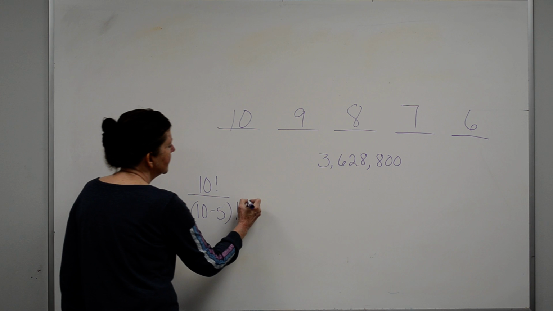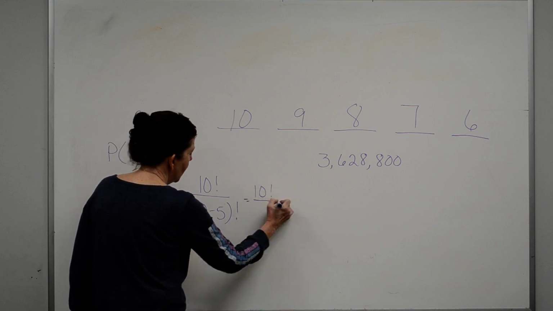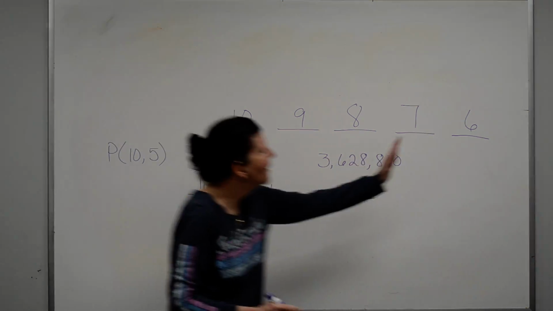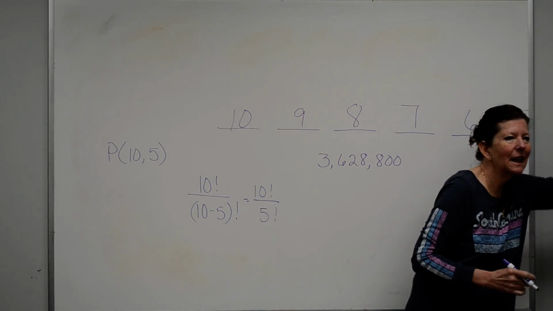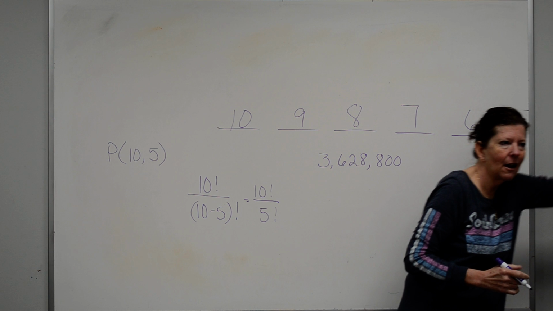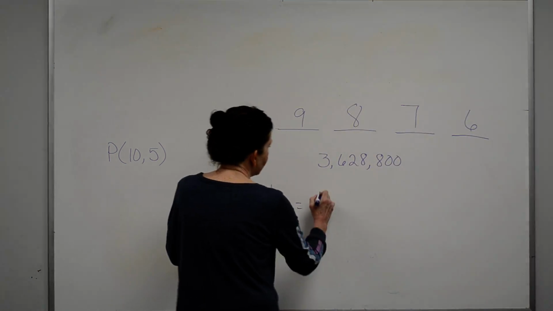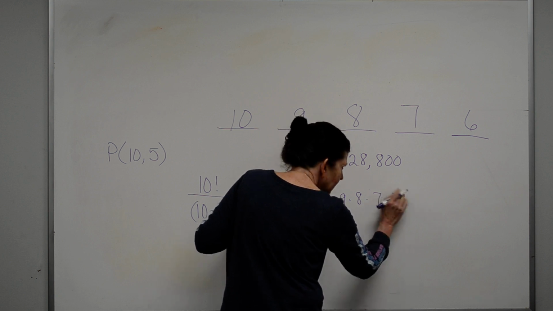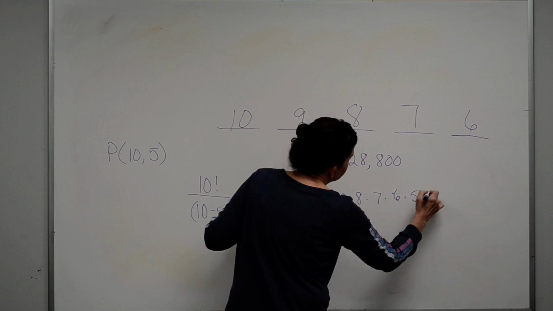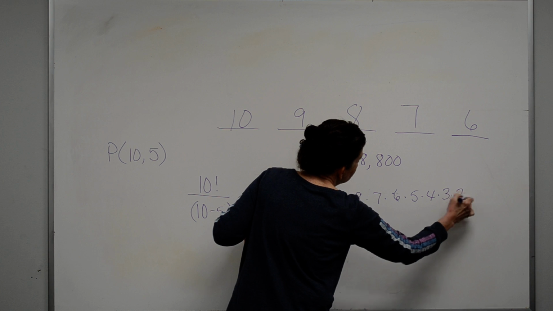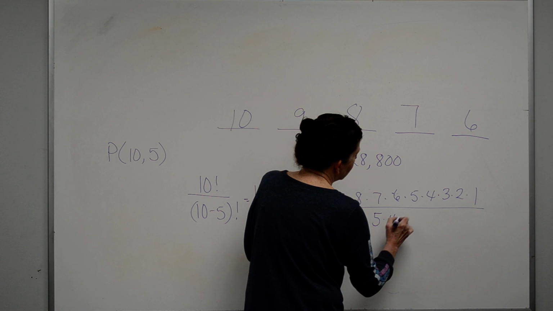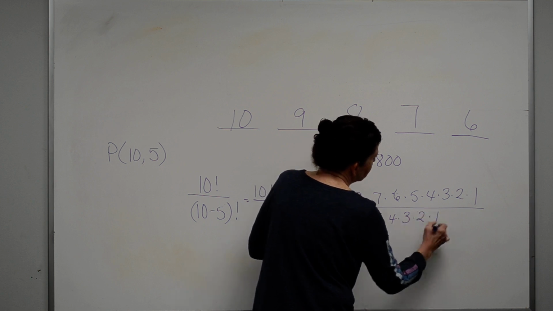So this is 10 factorial over 5 factorial, which means I knock out everything from 5 down, because on the top, if I did this by hand, 10 times 9 times 8 times 7 times 6 times 5 times 4 times 3 times 2 times 1, and on the bottom I have 5 times 4 times 3 times 2 times 1.